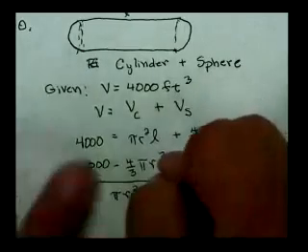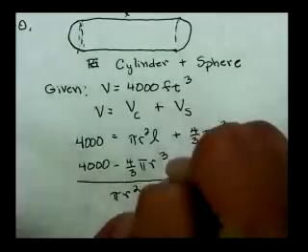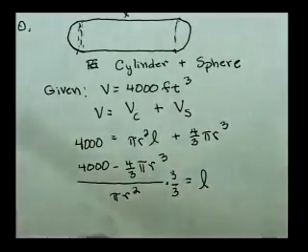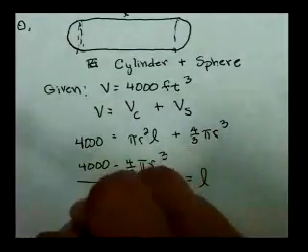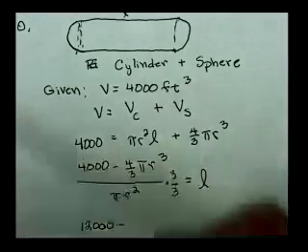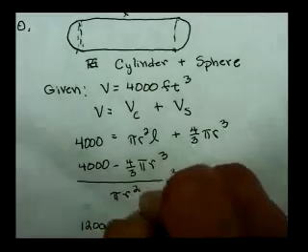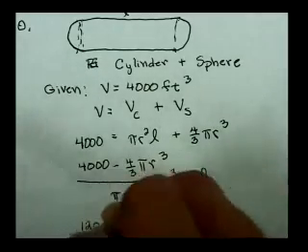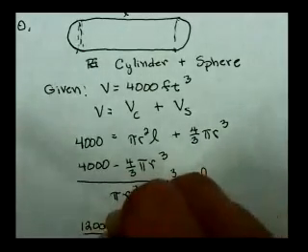All right, so I'm going to clear out the complex fraction and have 12,000 minus 4 pi r cubed divided by 3 pi r squared.